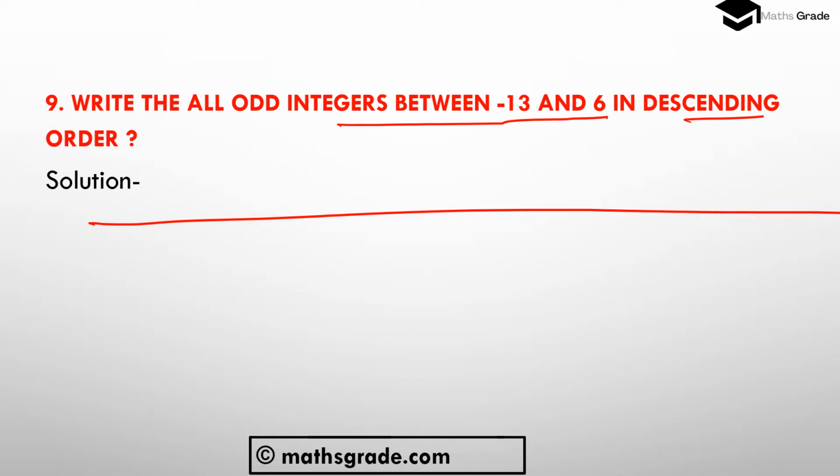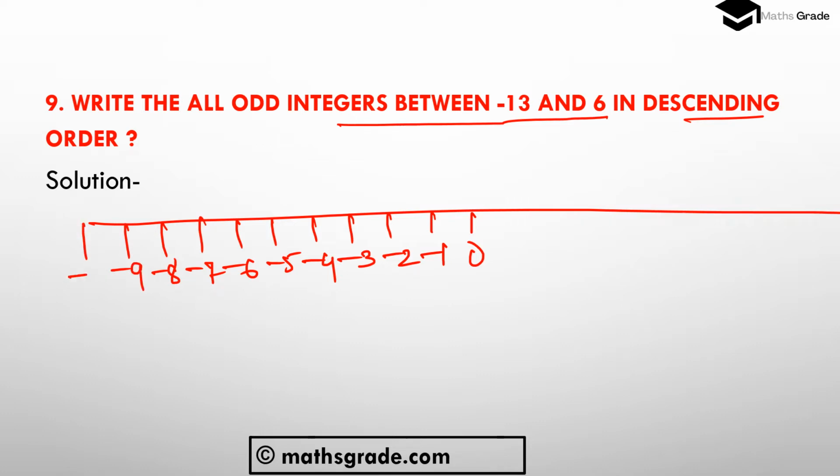The middle one is 0, and starting from 0 to the left side all are negative integers: minus 1, minus 2, minus 3, minus 4, minus 5, minus 6, minus 7, minus 8, minus 9, minus 10, minus 11, minus 12, this is minus 13. And to the right, 1, 2, 3, 4, 5, 6.